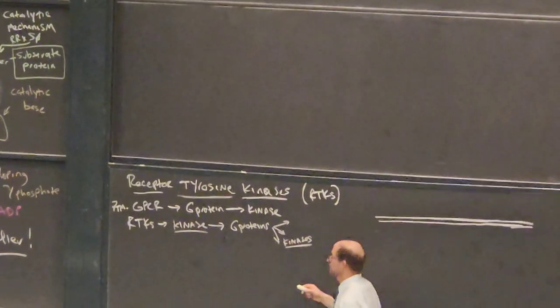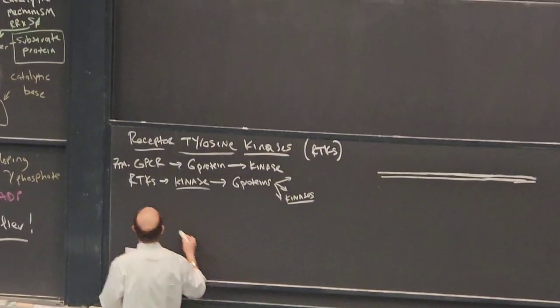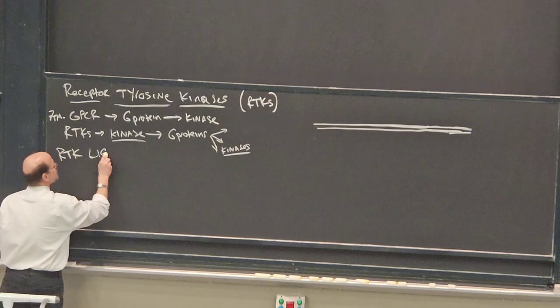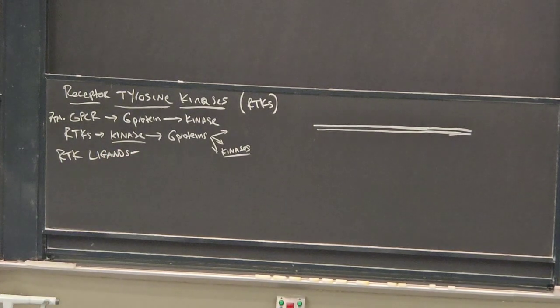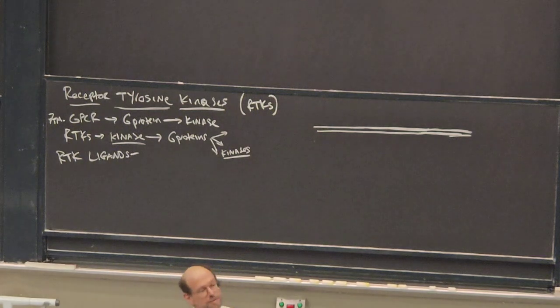Now, let's talk a little bit about what types of things are receptor tyrosine kinases' ligands. By ligand, I mean something that's going to bind to the receptor tyrosine kinase. I told you that for GPCRs, those ligands are small molecules like epinephrine or other small hormones or growth hormone.